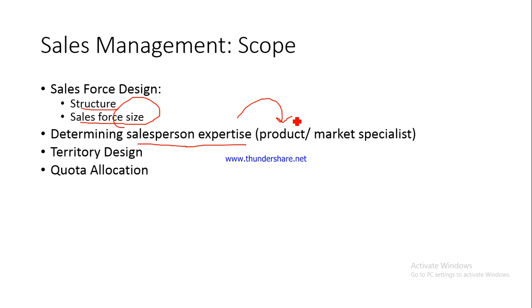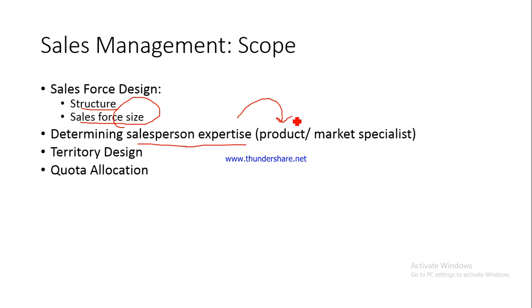But it may not be a very good idea, because some of the salespersons might be very experienced, and naturally their quota should be higher than the quota of those salespersons who are new to the field, new to the market, new to the company, who do not know much about the company's products. So how are you going to decide this quota?